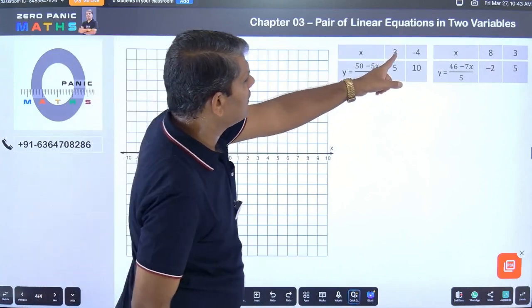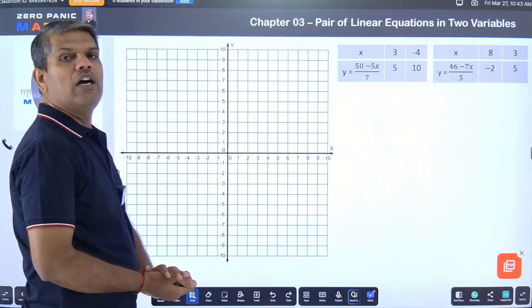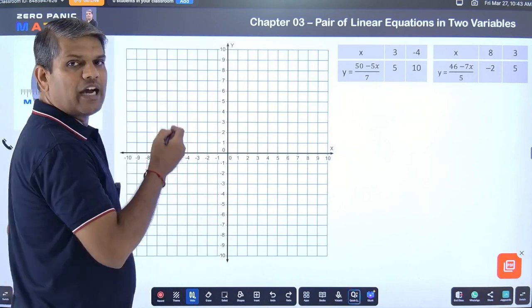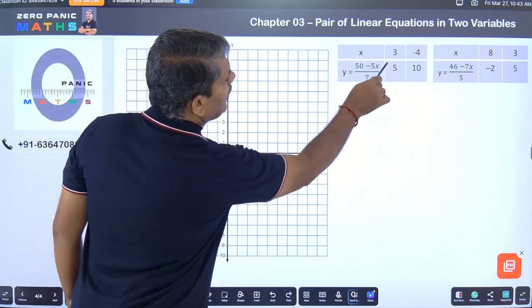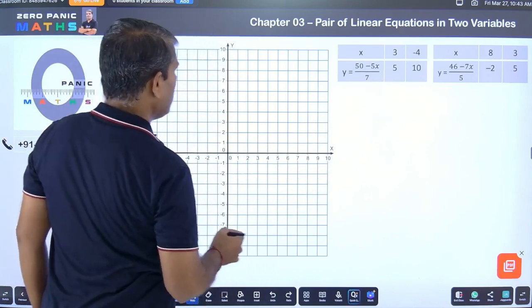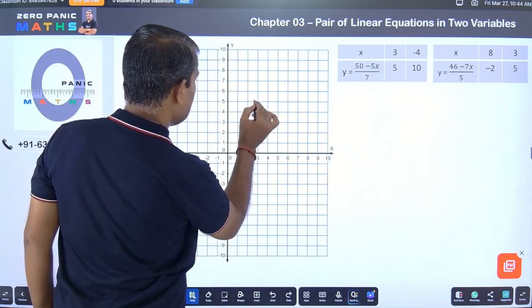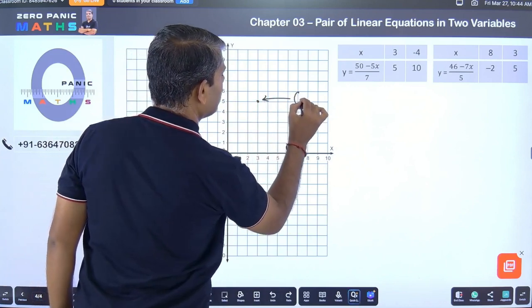Okay, you see that (3, 5), (minus 4, 10), (8, minus 2) and (3, 5) are the coordinates for us. Let us quickly identify the coordinates and draw the straight lines. 3, 5 is my first coordinate. 3 and 5, see, 3 here and 5 here. So this is (3, 5) for me.